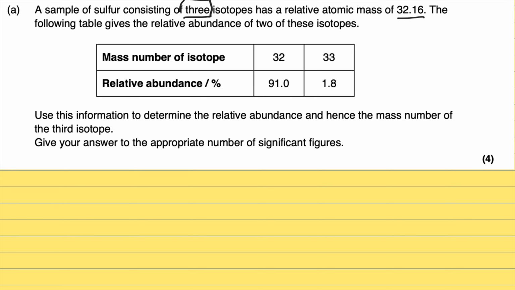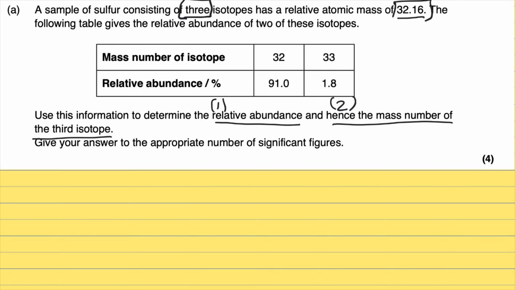So the first thing we need to realise is that there are 3 isotopes in total, and that the relative atomic mass is 32.16. Use this information to determine the relative abundance and hence the mass number of the third isotope. So we're being asked to do 2 things: 1, determine the relative abundance, and 2, determine the mass number of this third isotope.